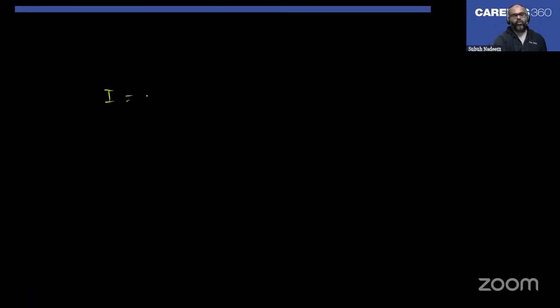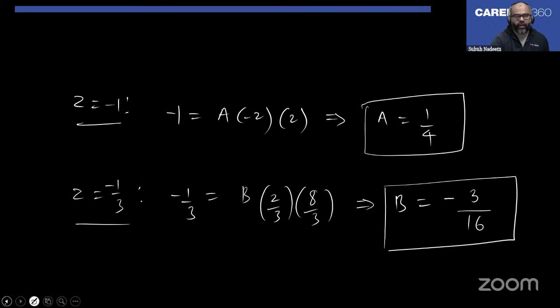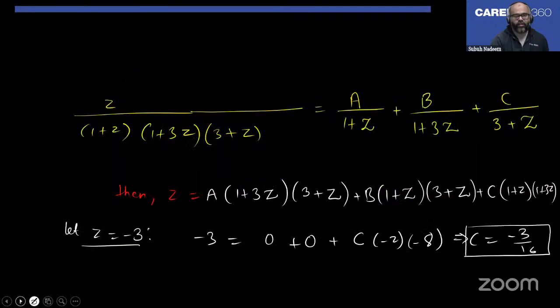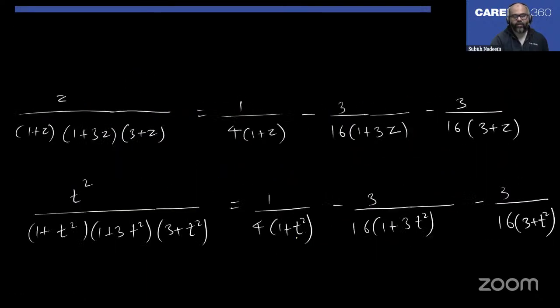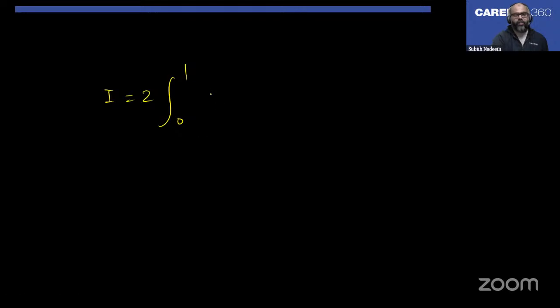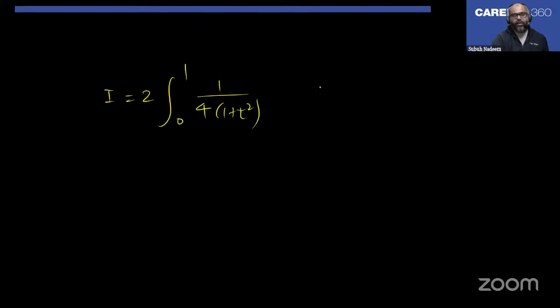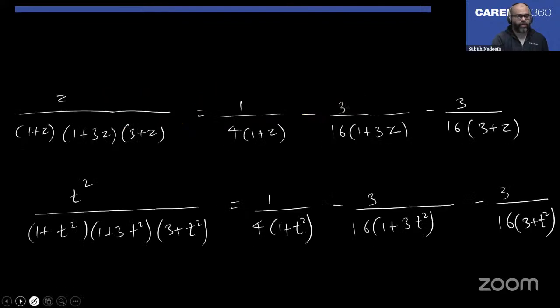I is equal to 2 times integral 0 to 1. What are the terms which we are getting from there? This expression t square by this term, we can say it is 1 by 4 times 1 plus t square, and then minus 3 by 16 times 1 plus 3t square.